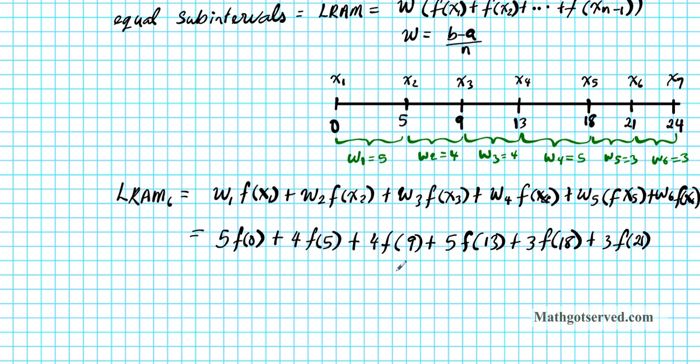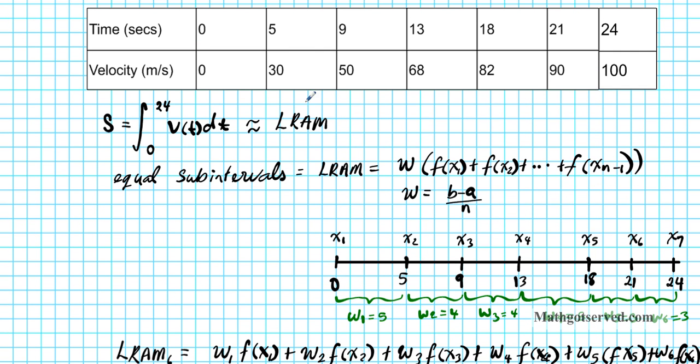To find these output values, we simply make use of this chart right here to find f of 0, 5, 9, 13.